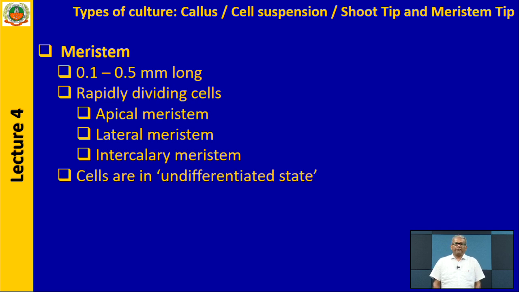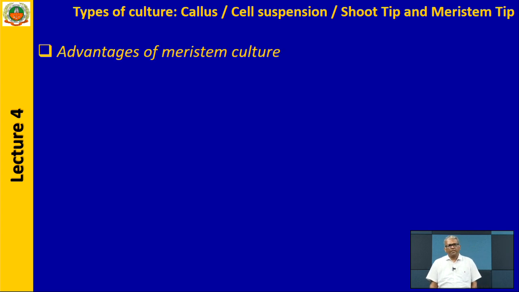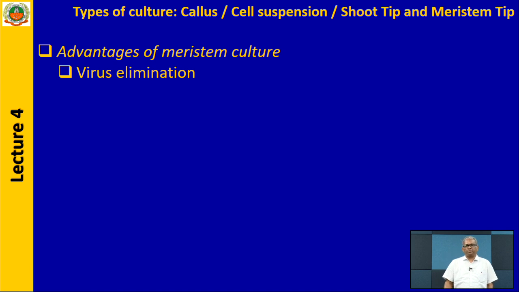The main reason for selecting meristems is that, like callus, they are always in an undifferentiated state, rapidly dividing. Coming to the advantages or uses of meristem tip culture: it is used for virus elimination from virus infected plants.